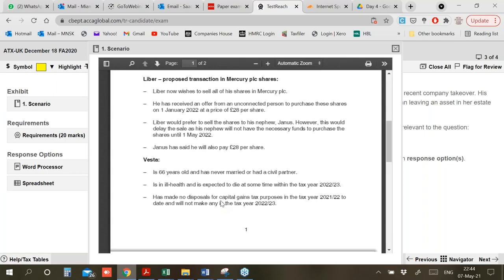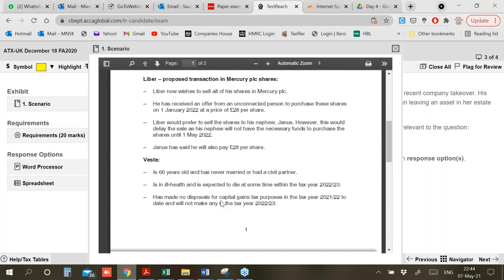You have to tell me what will be the impact on the tax of delaying the sale. So this will not be the correct answer as well. First I have to calculate the base cost of the shares by doing the takeover calculations. Then I can calculate what will be the capital gains on selling the Mercury PLC shares.